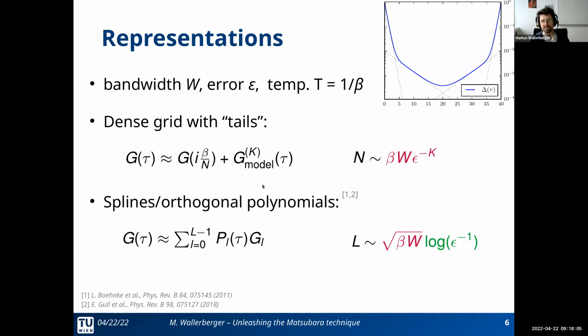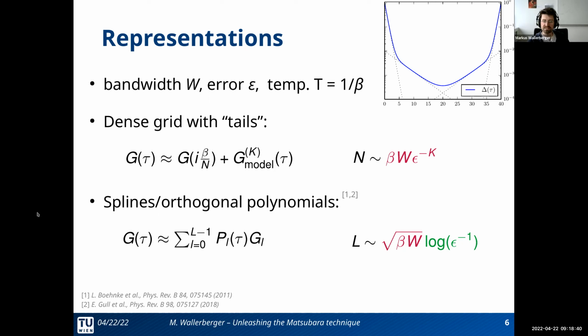If we take n of these points, beta the inverse temperature, W the bandwidth, and epsilon the error we are allowed to make, then the number of points we will need scales linearly in inverse temperature, linearly in the bandwidth, and linearly in that accuracy in the simplest case, or with some power in that accuracy, depending on how good our model is.